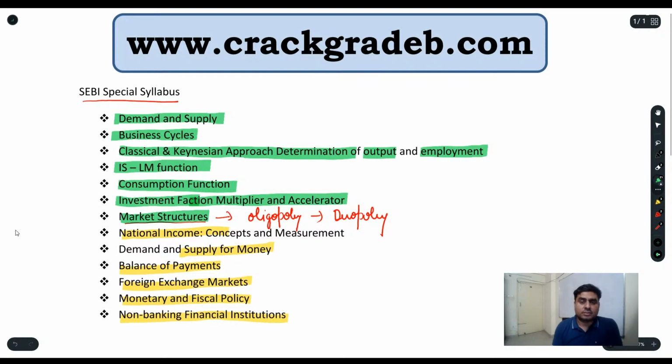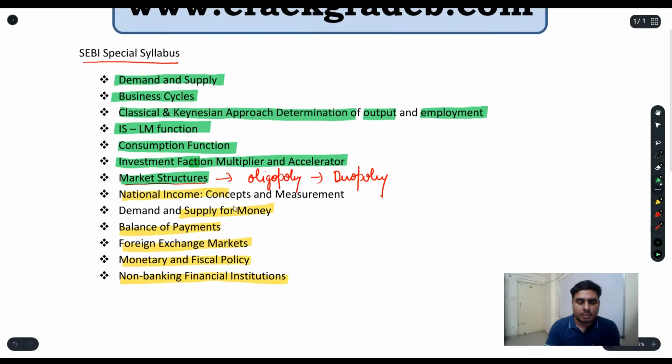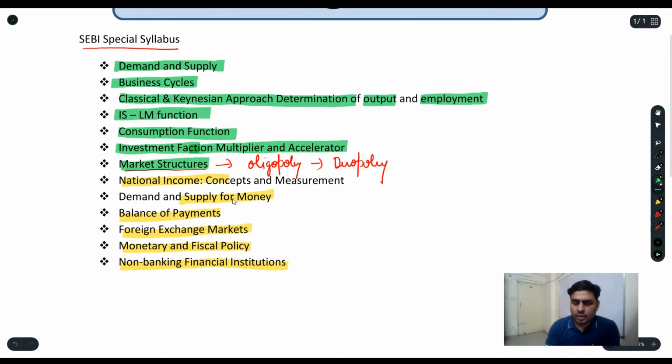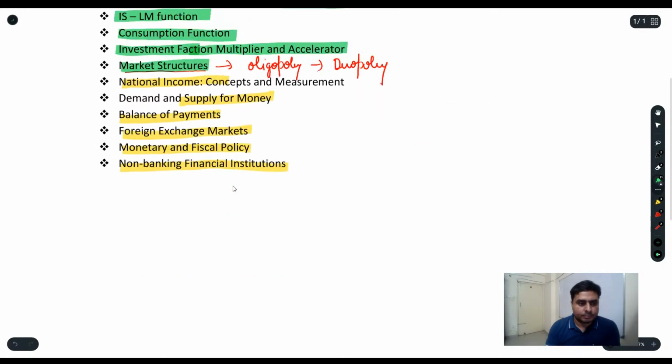So all these parts we have already done. Some parts, investment function, multiplier and accelerator, are based on certain definitions. So what I will do, I'll take one more session where I will do the investment function, multiplier and accelerator part. It will take hardly 15 to 20 minutes to explain that, right?